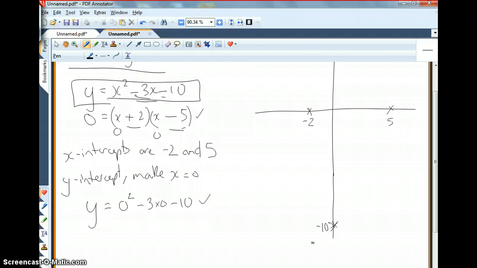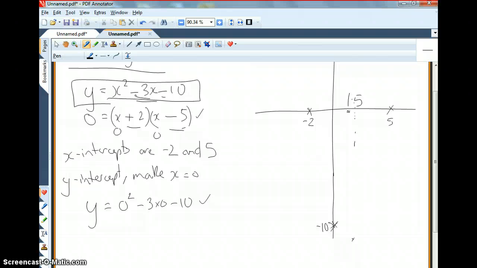The turning point. Right, so the turning point, I'm going to guess, is somewhere down here, but we need to identify it as what's halfway between minus 2 and positive 5? One and a half. Now, if you weren't sure how to do that, I'll tell you how you do it.